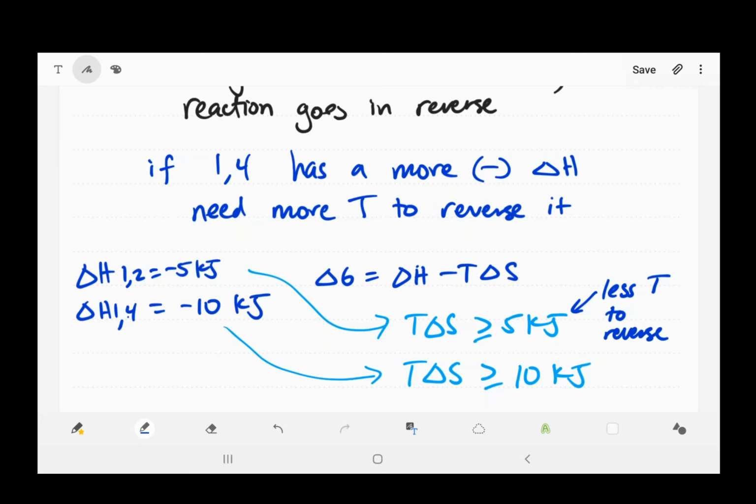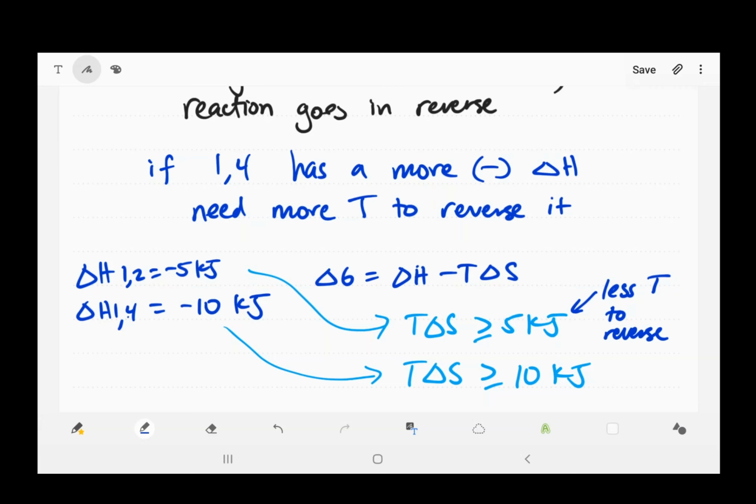And I get it, it's a bit of a long-winded conversation about that. But if all you care about is not understanding why, suffice it to say, kinetic product, favored at low temperatures, comes from your less stable, more reactive intermediate.